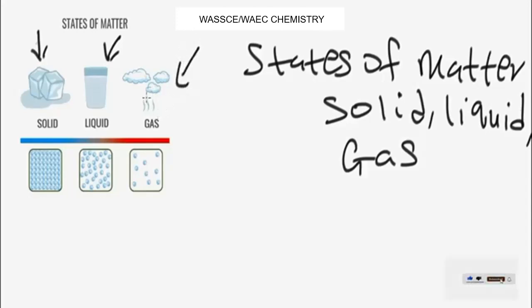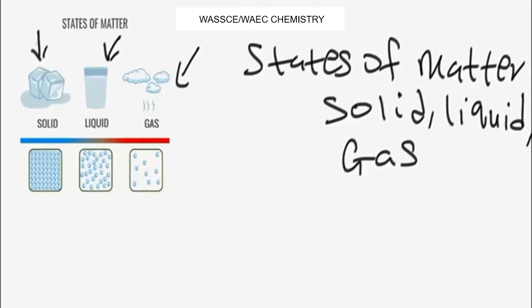The very weak force of attraction between the particles of gases makes them move freely and far apart from each other. Note that in reality the particles aren't solid or inelastic spheres; they are atoms, ions, or molecules.